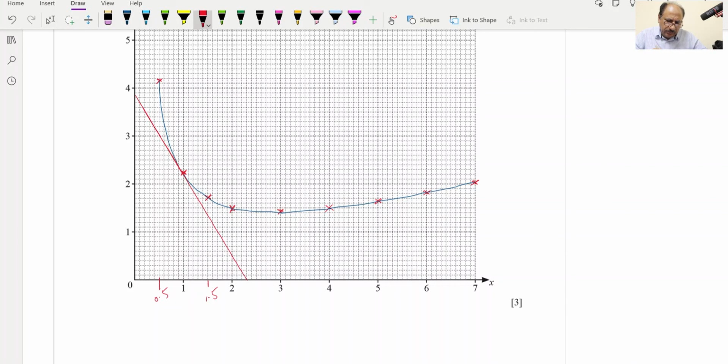So a little more bending is required, so I will rectify this one. It's more, so like this one will be, I think so. Now this will be the perfect one.